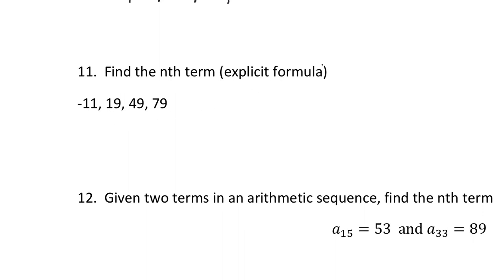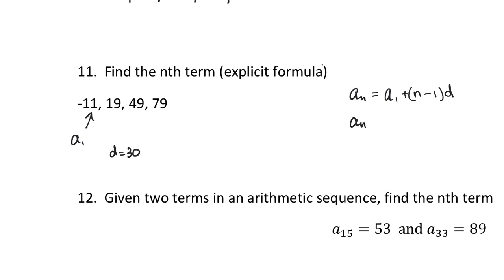So on the formula sheet that you'll see on the exam, one way you could do this is to use the nth term of an arithmetic sequence, which is first term plus n minus 1 multiplied by the common difference. Well, the first term is negative 11, and then the common difference is what's being added every time.